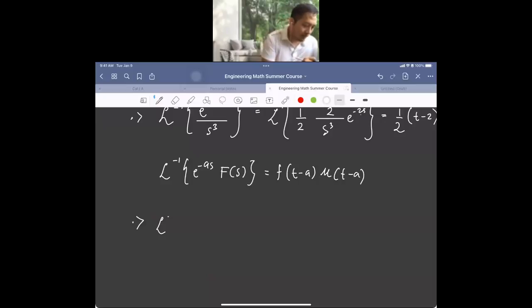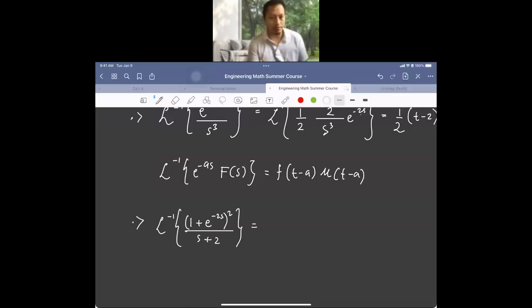Then we have a little bit more complex one: 1 plus e to the negative 2s, squared, over s plus 2. Let me make it bigger.